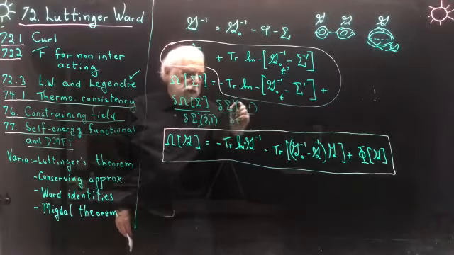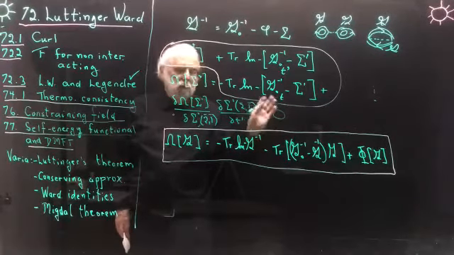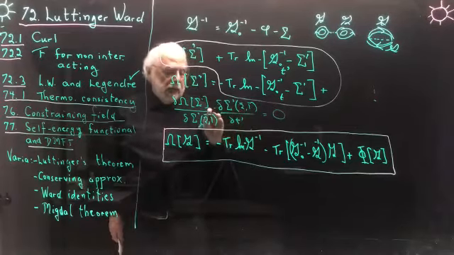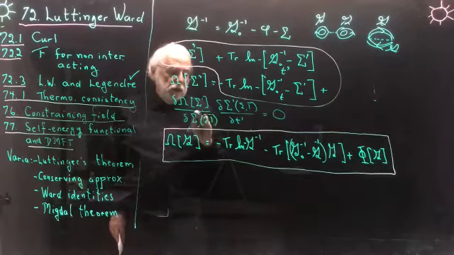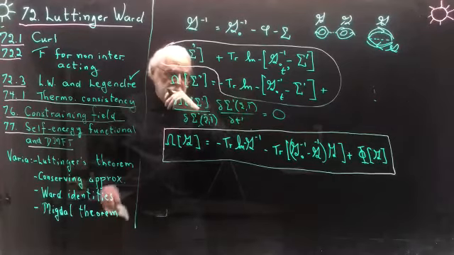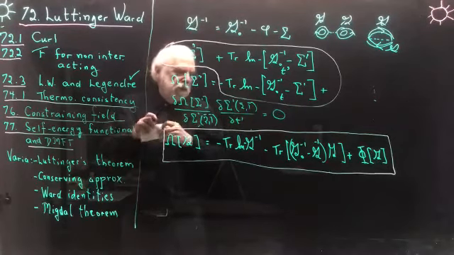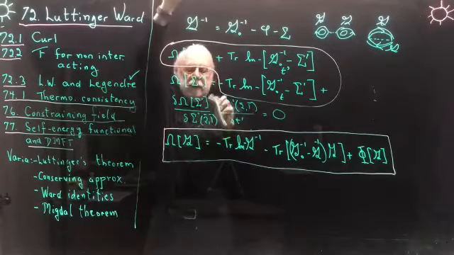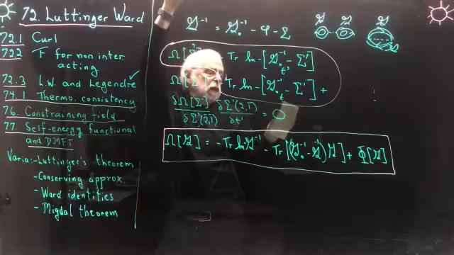So I can put 2 bar here. Now functionally differentiate this with respect to the parameters. It is equal to 0. That's now my new variational principle. I cannot functionally differentiate with respect to all possible sigmas because I have a limited set of variational parameters. But I can certainly do this.